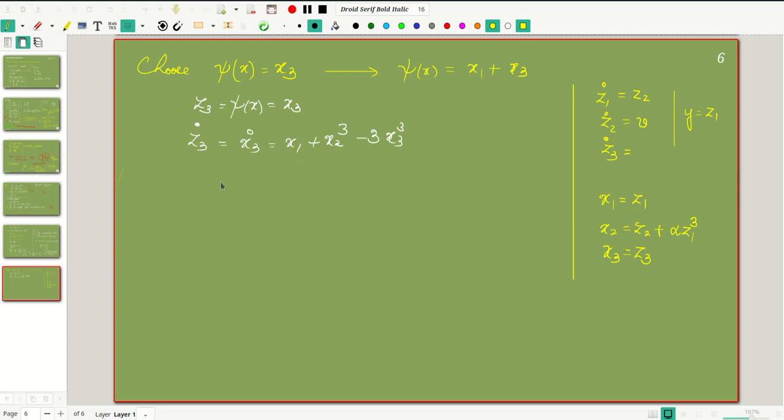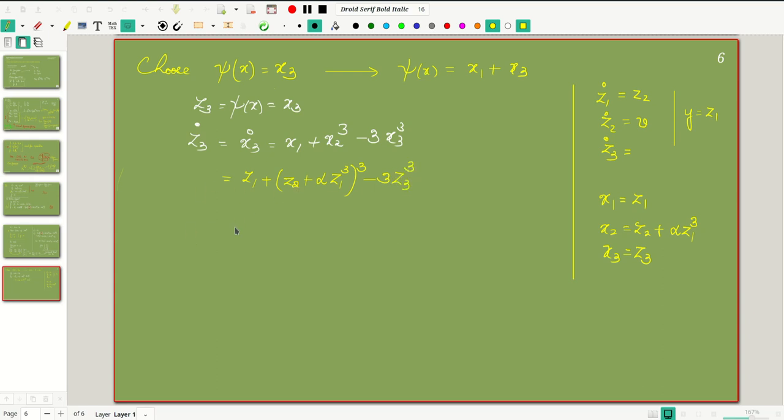So we have to plug in all these terms over here. So this is Z1 plus x2 cubed, which is Z2 plus alpha Z1 cubed, the whole cube, then minus 3 x3 cubed, Z3 cubed.